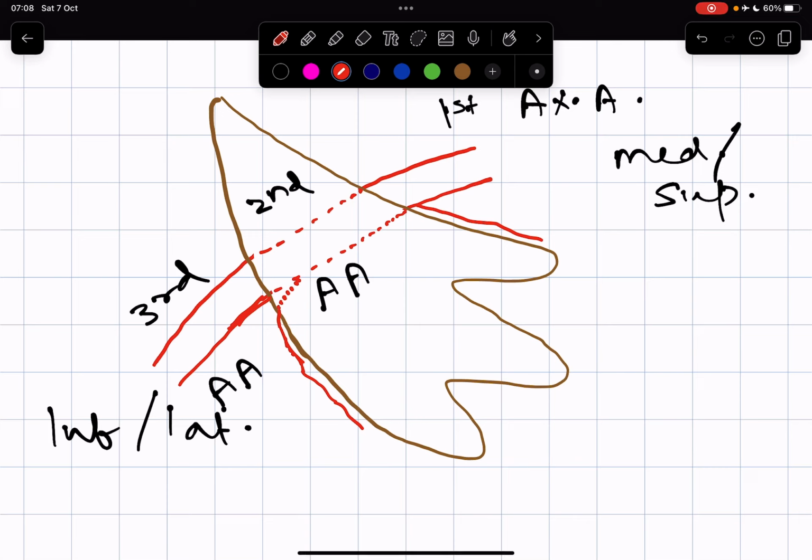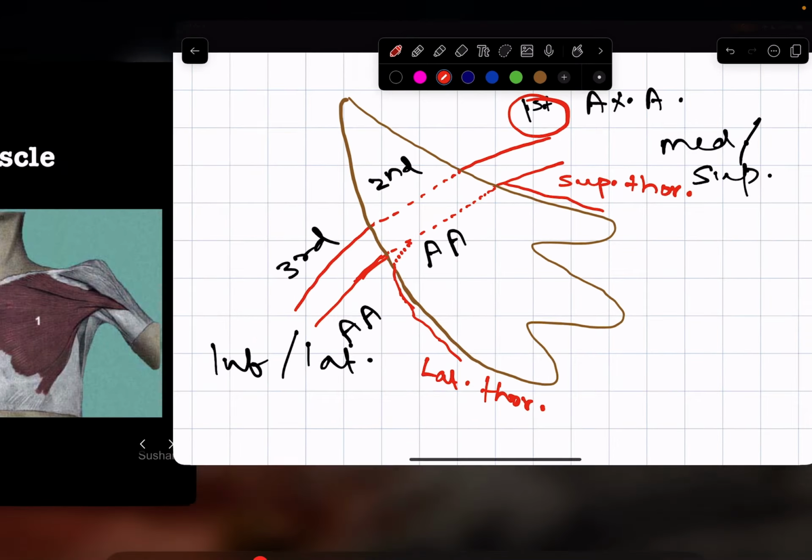This artery is the superior thoracic artery, which is from the first part of the axillary artery, and this is the lateral thoracic artery, which is from the second part of the axillary artery. So the relations of the pectoralis minor are important: its relation with the axillary artery and the arteries that run along its upper and lower borders.